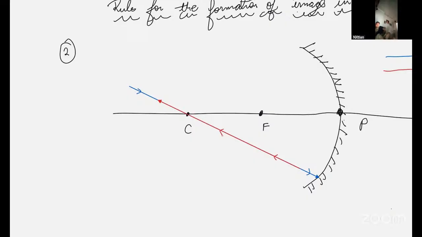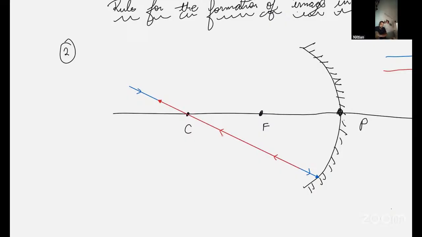Reena, turn on the camera. Did you understand? Yes or no? This is the third. So can you repeat the third? For understanding or for writing? For writing, I will tell. Understanding with me: if a line goes through curvature point C and falls on the spherical mirror, it will come back to the same path.